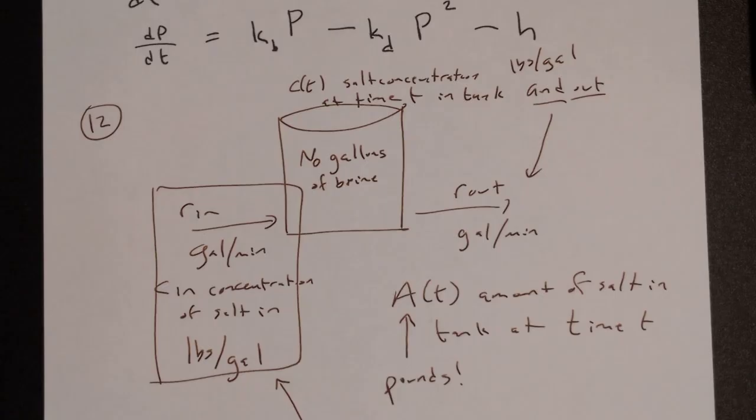So the amount of salt coming out should be concentration times rate, yes? Concentration times rate. Well, that should look like that R times C thing again, right? Where does the tank itself come into the game?